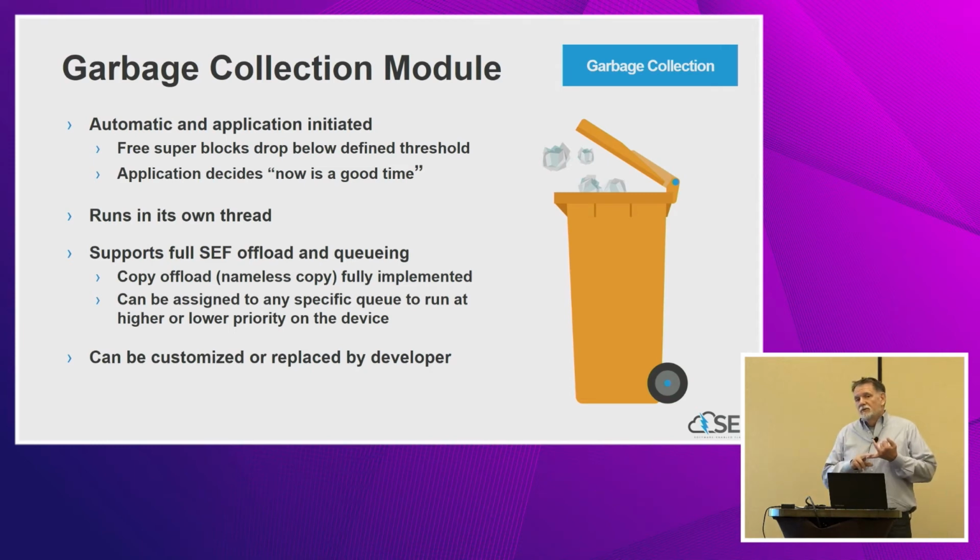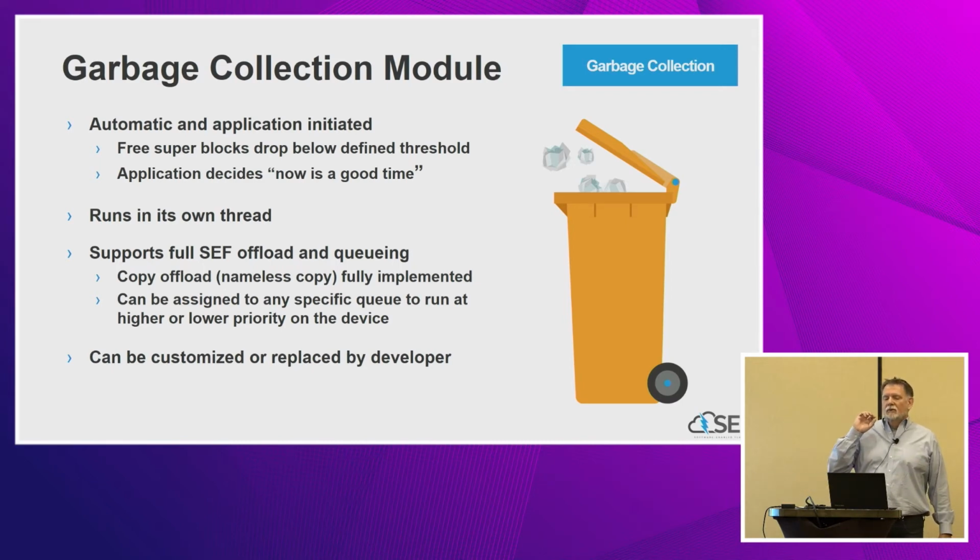Earlier, I introduced the concept of a nameless write. There's also a nameless copy primitive, and the nameless copy primitive is used primarily by garbage collect in the reference SDK, and it is a copy offload engine. So, it's not like you have to read the valid data out of a block all the way up into host RAM and then write it out from host RAM back into the device.